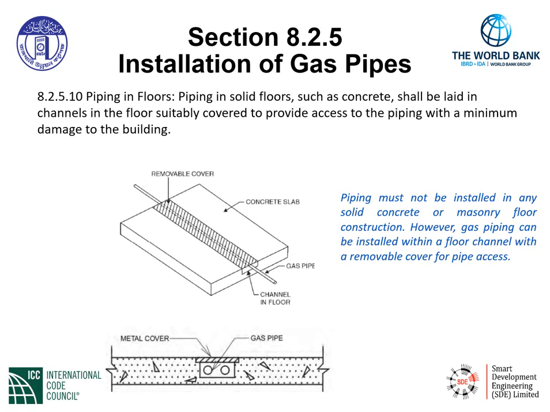We see a graphic here of concrete being channeled below the finish elevation. This is where we place the pipe into the channel, and we could have a removable cover as indicated to provide suitable access to the gas pipe that is below the finished concrete slab for any type of maintenance, repair, or even replacement.